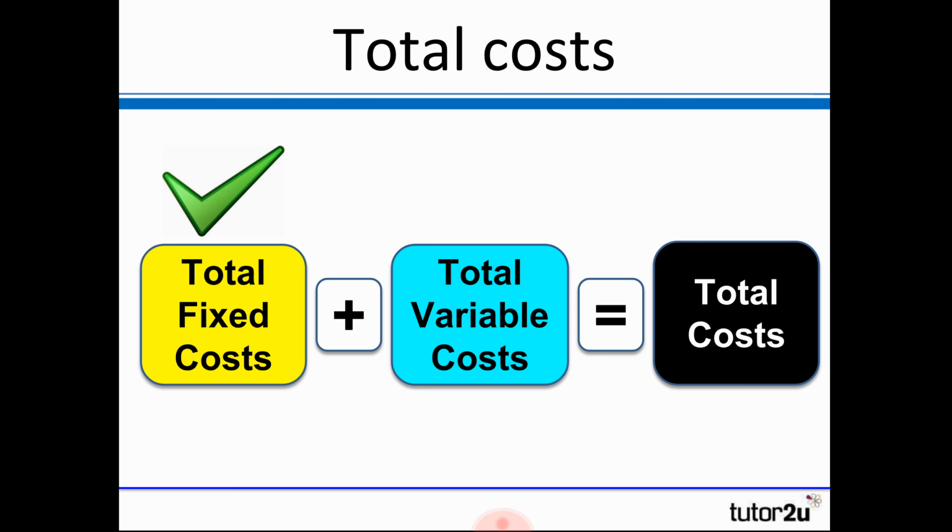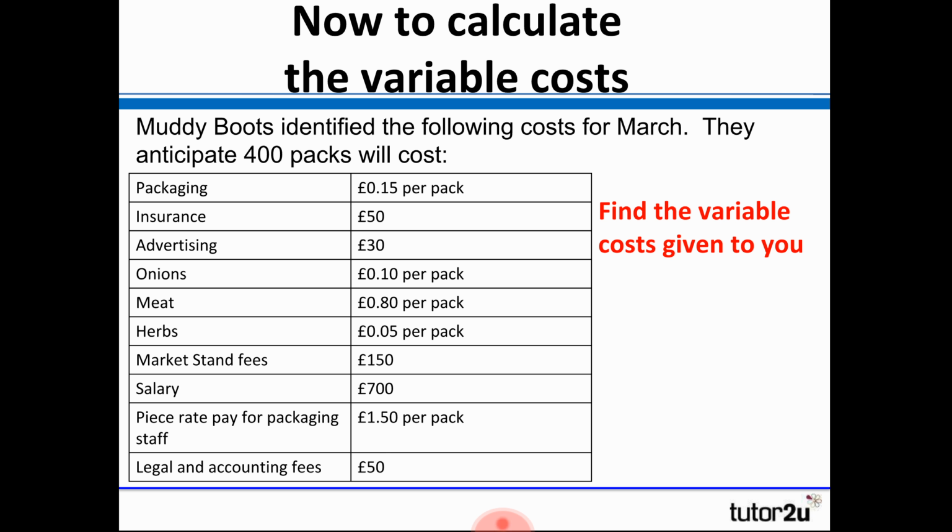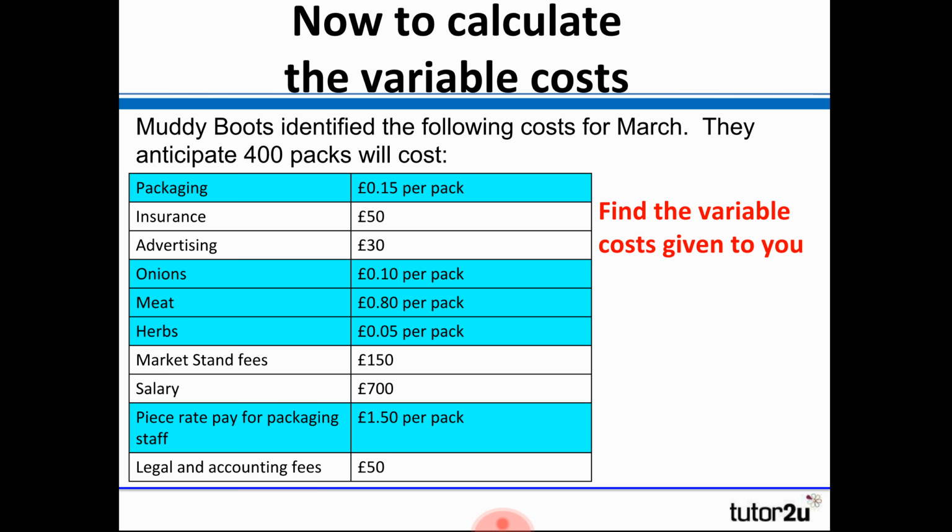Now we're going to have a look at calculating the total variable costs. So find the variable costs given to you. Hopefully you will agree with these here: packaging, onion, meat, herbs, and piece rates for packaging staff. Now all we need to do is add them up.